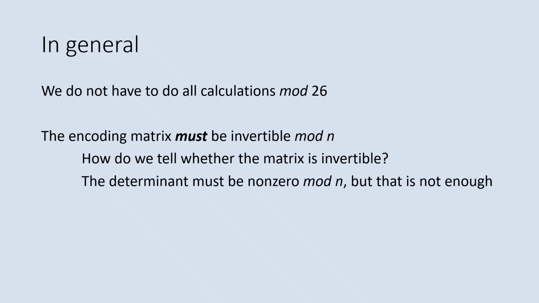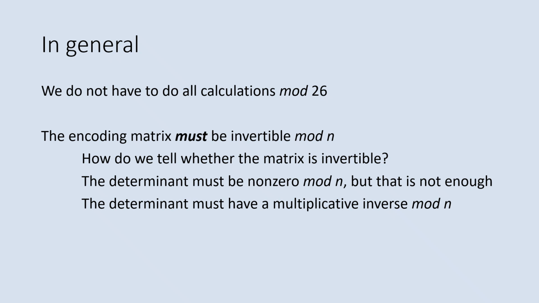The determinant must be non-zero mod n, just as in the typical case. But that is not enough. Again, there are other ways to tell, but this is at least one approach that we can use to determine whether the matrix has an inverse.